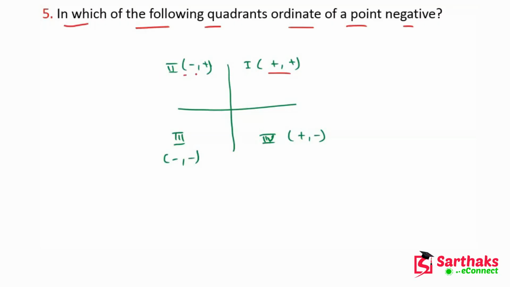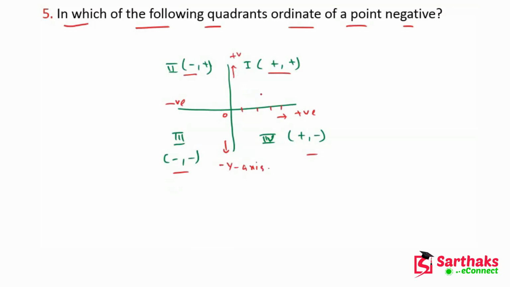this sign convention we can learn very easily. How? We know that this is the origin and here is the positive x-axis, and here is the positive y-axis, here is the negative x-axis, and here is the negative y-axis.